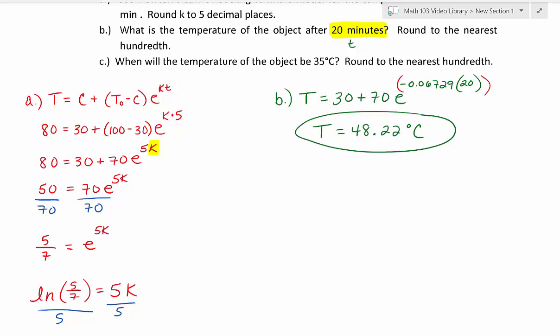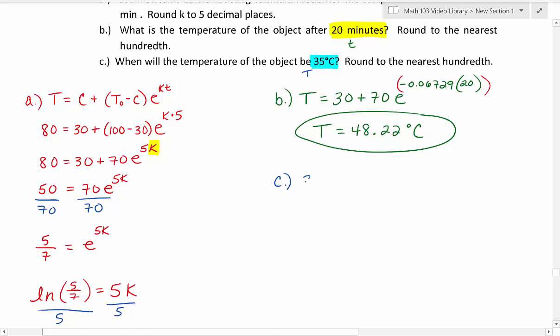In Part C, we're asked, when will the temperature of the object be 35 degrees Celsius? Round our answer to the nearest hundredth. So this time they're giving us the final temperature desired, and we want to figure out the time it takes. So 35 degrees Celsius will be our big T. We'll plug in for big T and solve for little t.